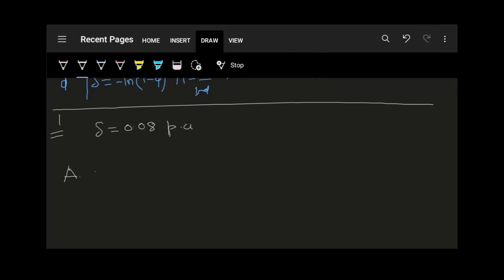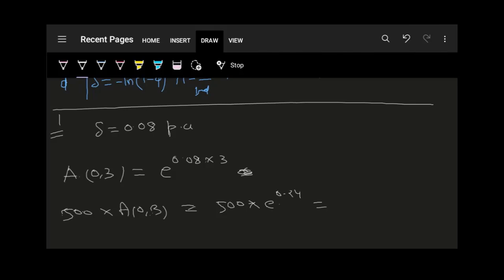So my accumulation factor a(0,3) equals e to the power delta times the number of time periods, that is 3, and to calculate the accumulated amount directly, 500 times a(0,3), I will get 500 times e to the power 0.24, which is 635.